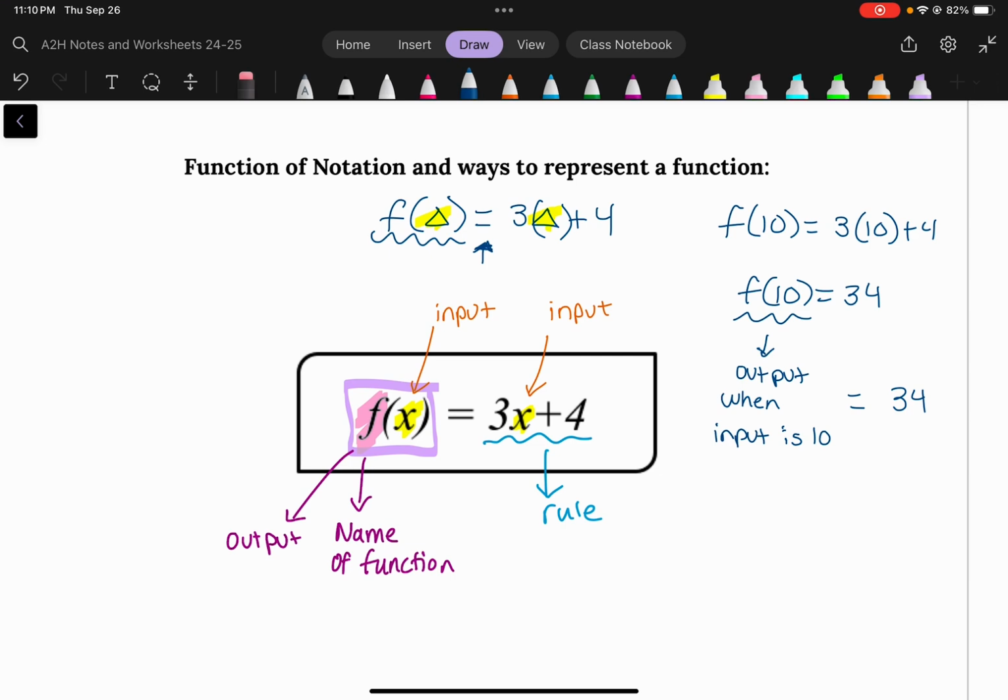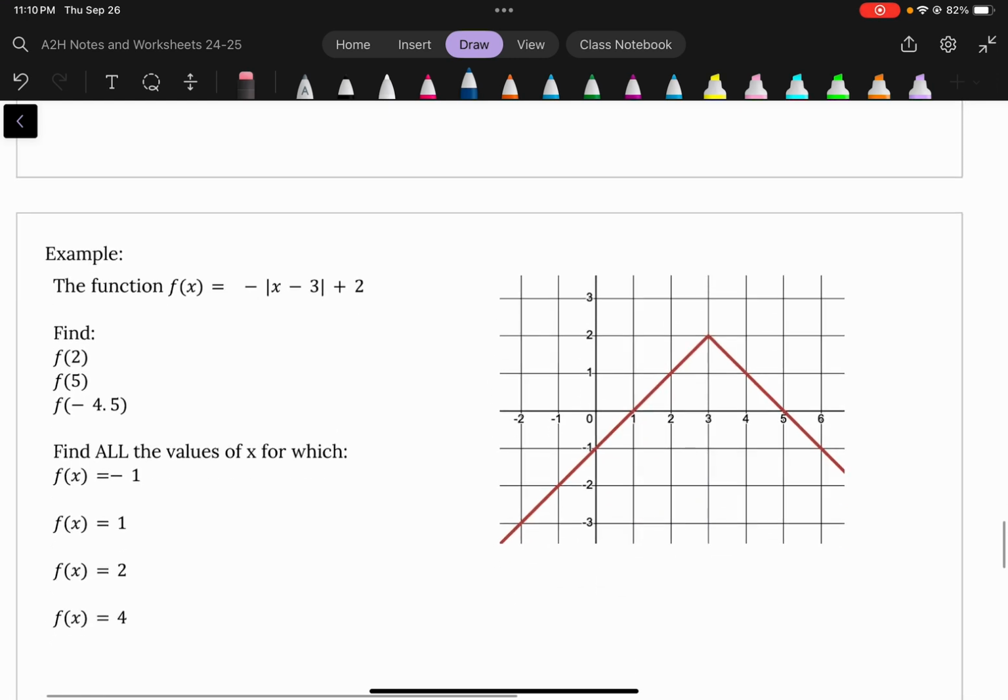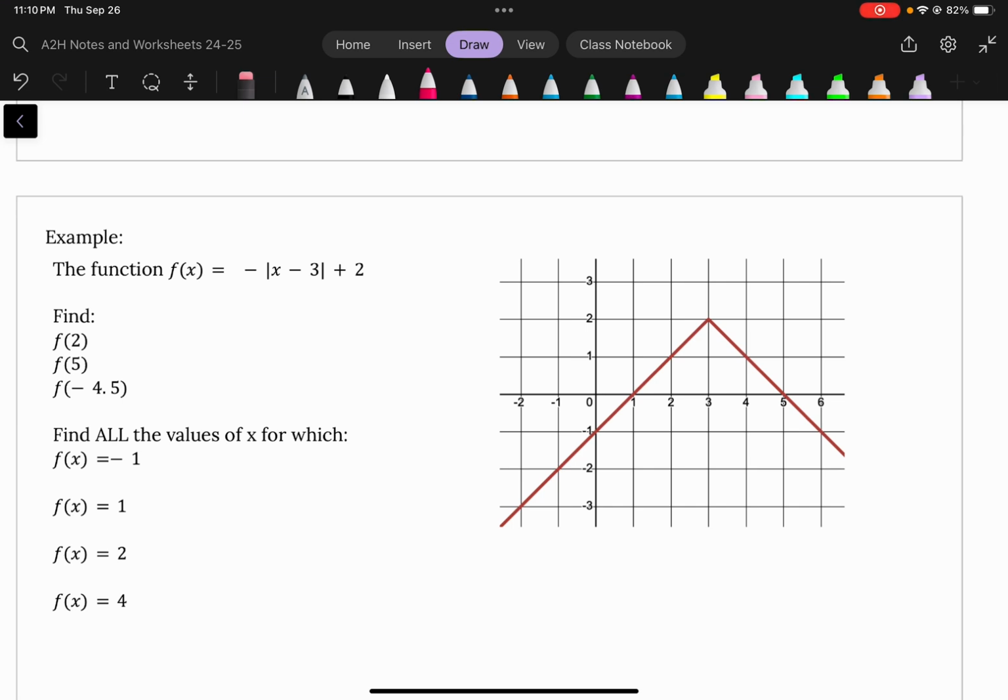They're not all necessarily algebraic functions, but when you have an algebraic function like this, negative absolute value of x minus 3 plus 2, the graph is just representing all the coordinate pairs of inputs and outputs, right? So f of 2 is just equal to 1, right? This graph is telling me when I put in 2, the y value is 1.